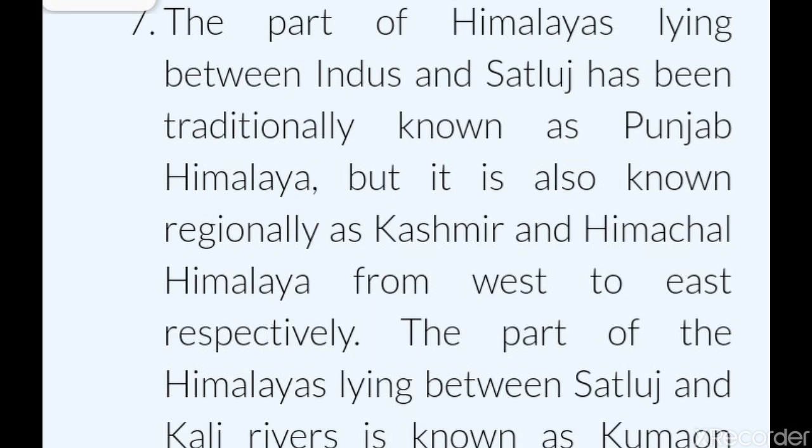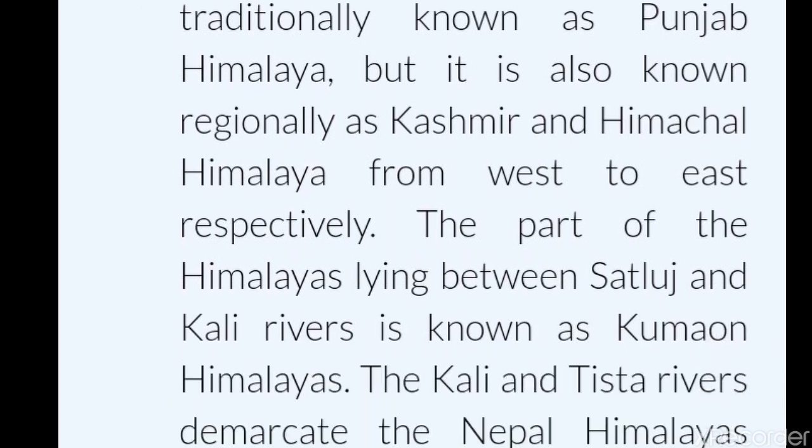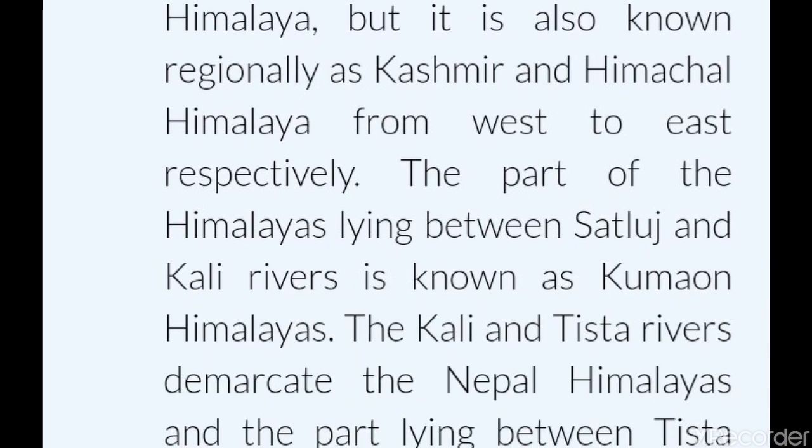That part of the Himalayas that lies between the Indus and Satluj rivers is known as the Punjab Himalayas. Number 2, the part which lies between the Satluj and Kali rivers is known as the Kumaon Himalayas.